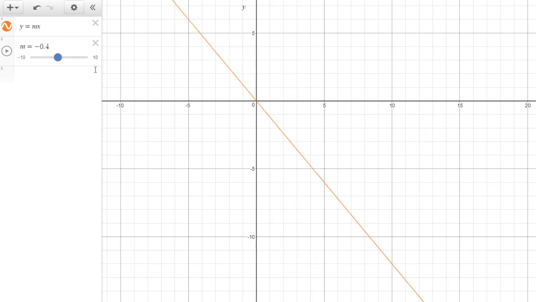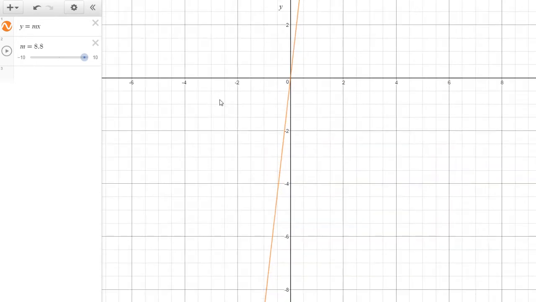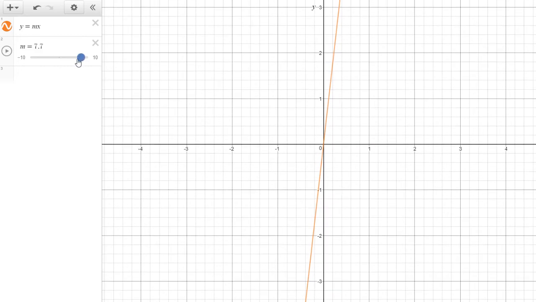Okay, so one thing to note here, I'll zoom in, let's get back to the value of 1. Whenever the gradient is positive, you pick any point on the line, and when you travel in the positive x direction, the y value that you choose to get back to the line is also going to be positive.